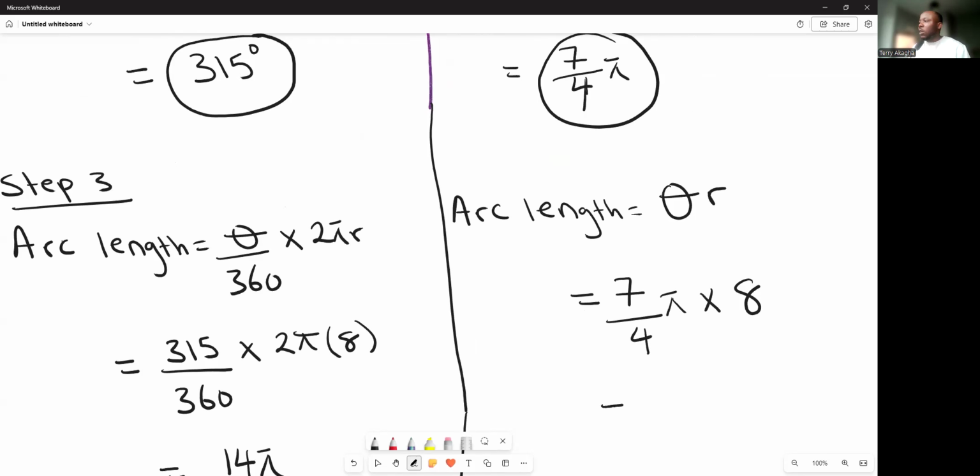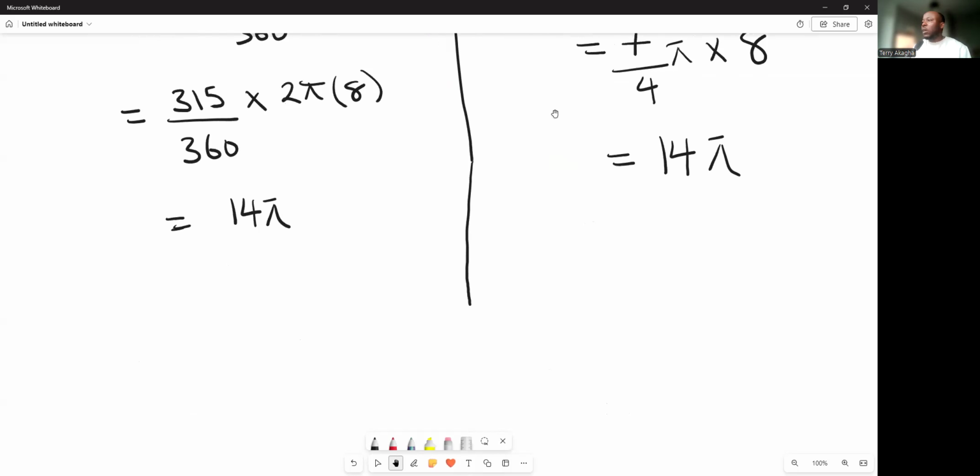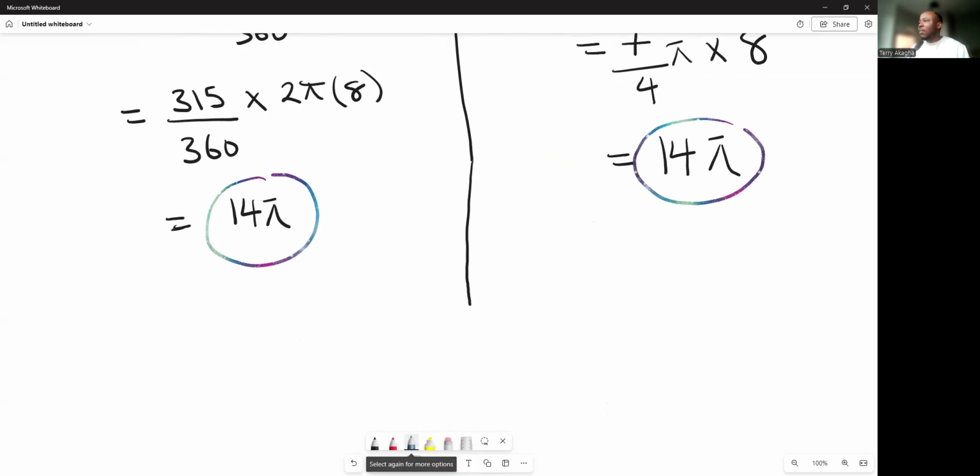And this is still going to give you 14 pi. So you can see, regardless of whether we use the radians or degrees method, we still got the same thing for the arc length. But you just have to use the right method to solve it. Is that okay? Now we found the arc length.